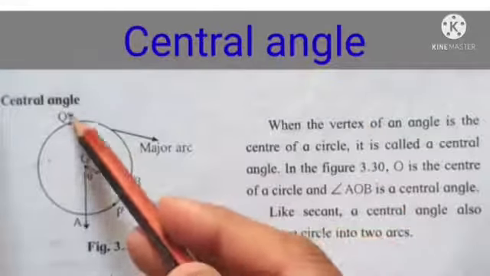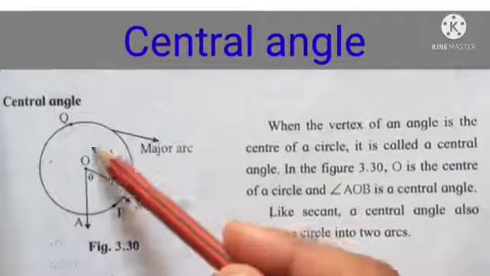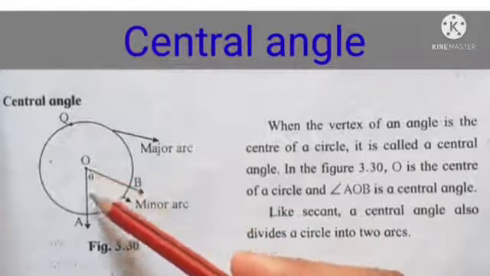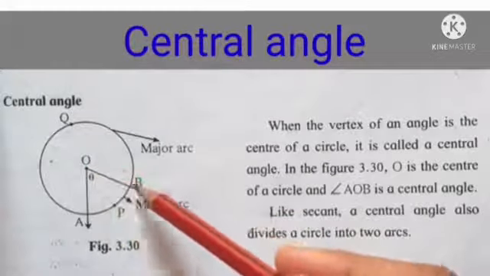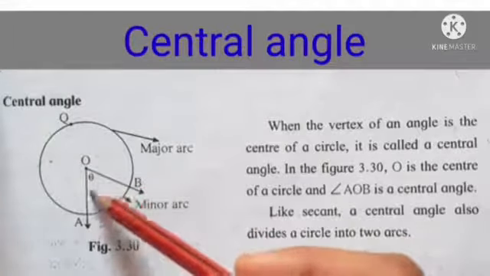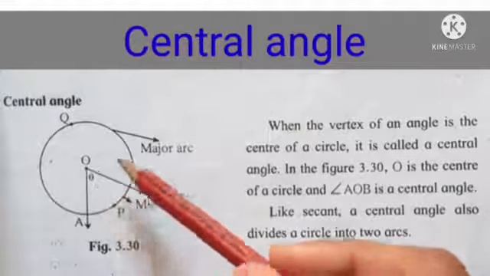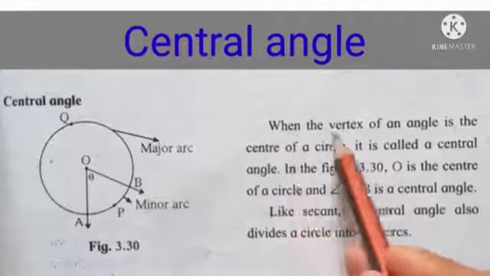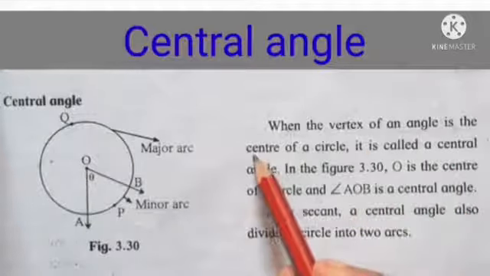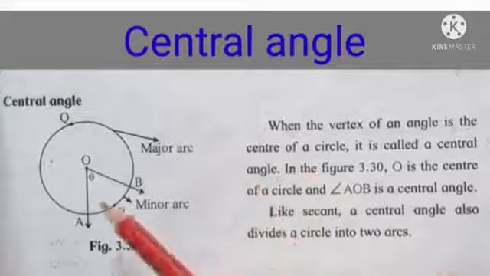Now see the central angle. In the figure, it is a circle with center O, and OA and OB are radii of the circle. The angle formed at the center is called a central angle. What is the definition? When the vertex of an angle is the center of a circle, it is called a central angle.